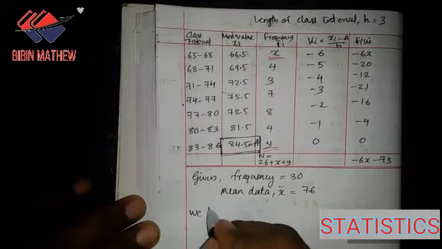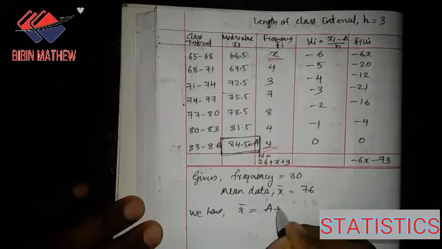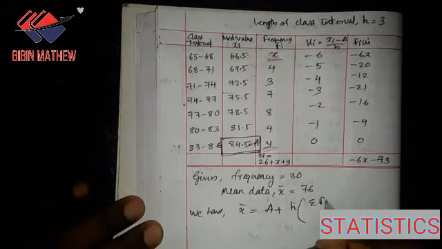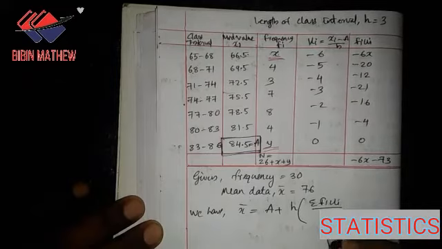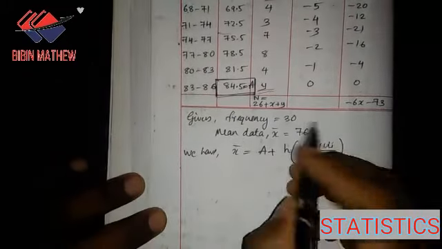So now we have x bar is equal to a plus h into sigma f_i u_i divided by n. That is the formula of the step deviation method.